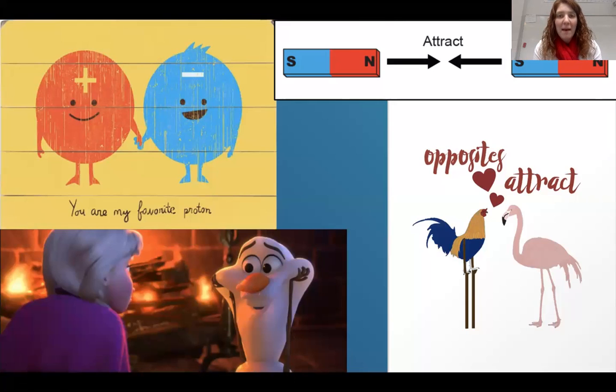We've seen it with magnets and the fact that the opposites attract there. We've talked about how the protons, positive, attract the negatively charged electrons. Of course, this idea of opposites attract goes into a lot of other areas of our lives that we've heard about.